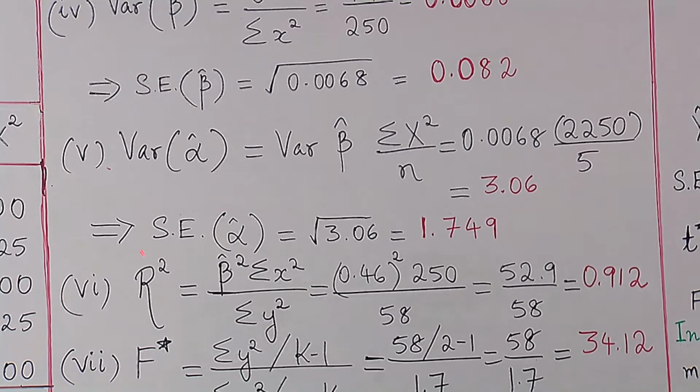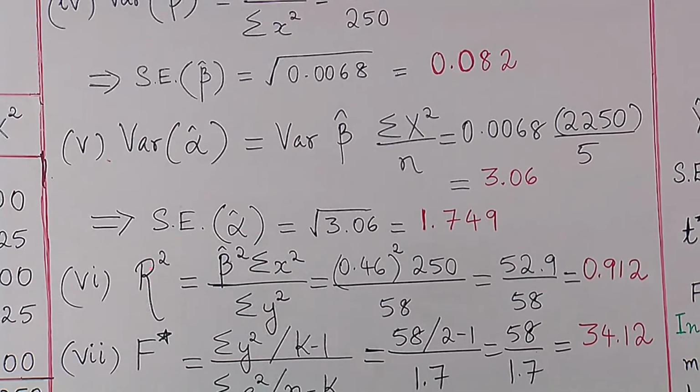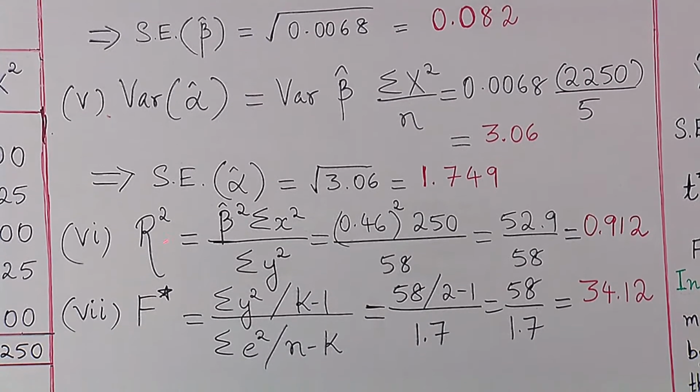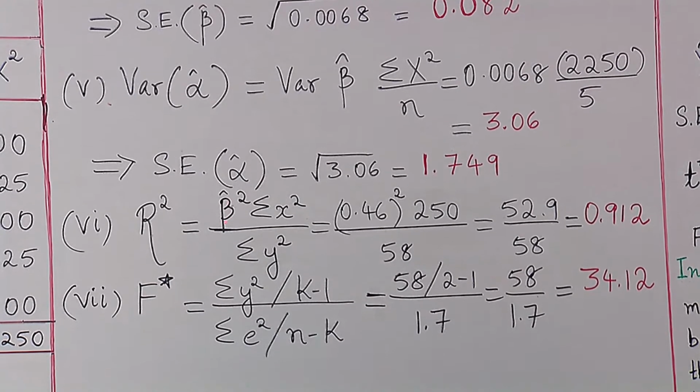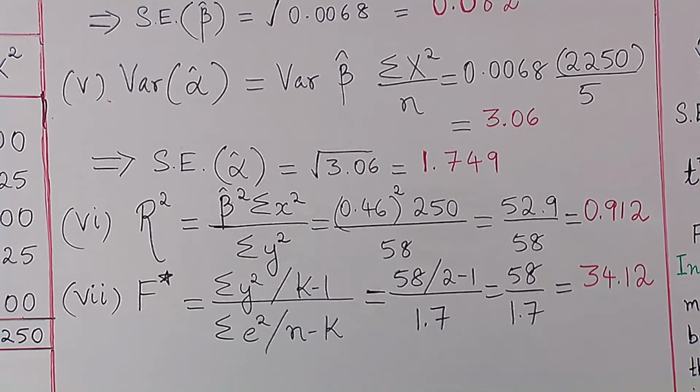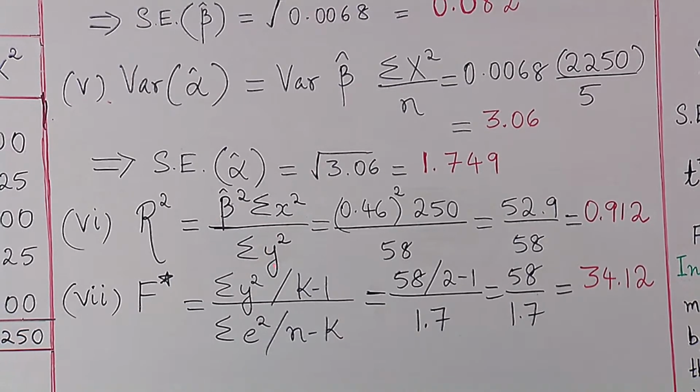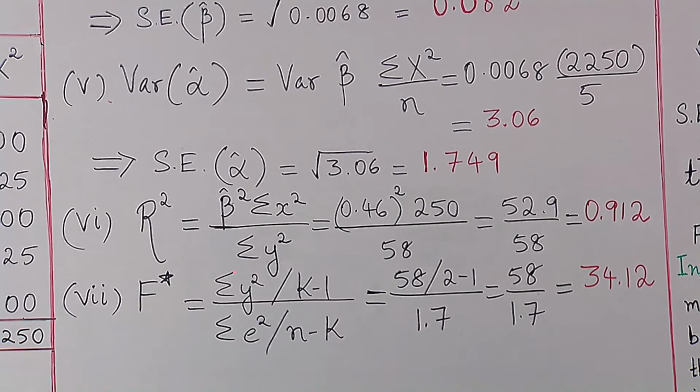Now, the next most important estimate is R square. So, R square is also called the goodness of fit, and here in this case the formula is beta hat square sigma small x square by sigma small y square. Just as the previous case, we substitute the value of beta hat as 0.46, square it up and substitute the value of sigma small x square 250, and in the same formula you substitute summation of small y square 58.